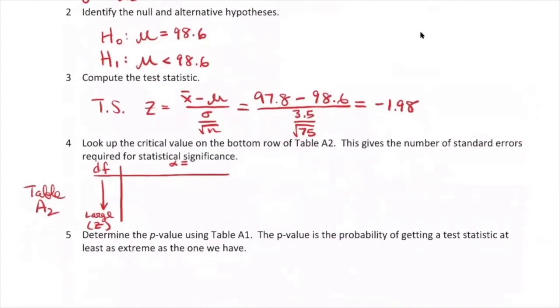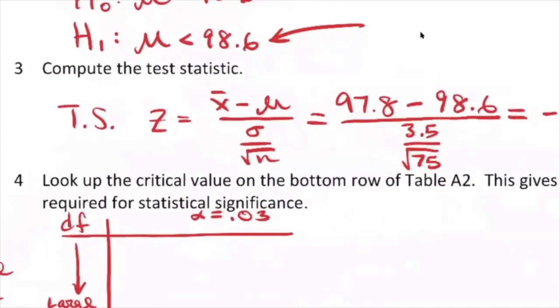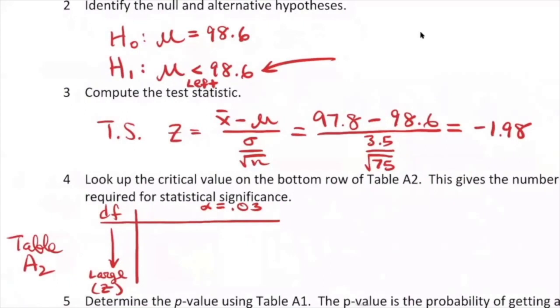0.03, and this is again a one-tail test. I should have denoted this. On H1, mu is pointing left. Okay, so that makes it a left-tail test.